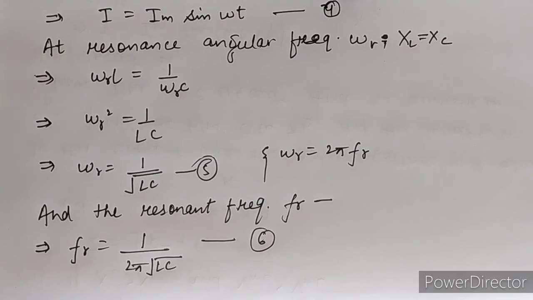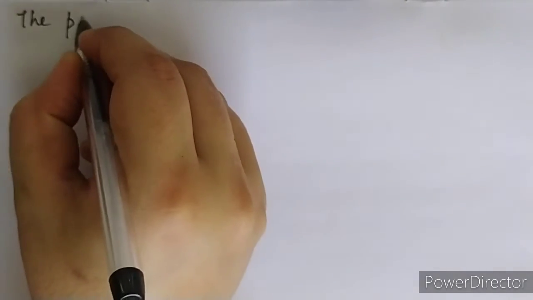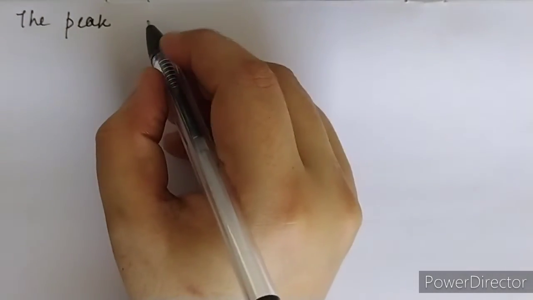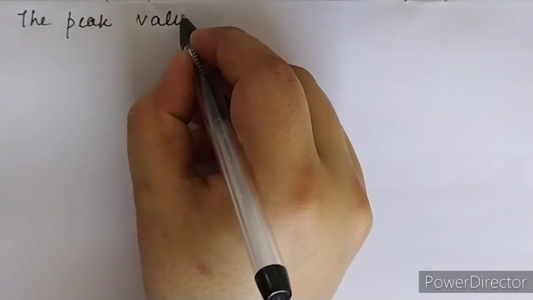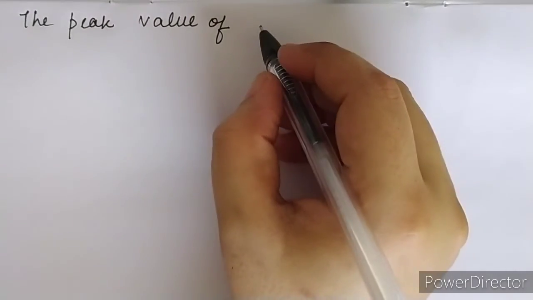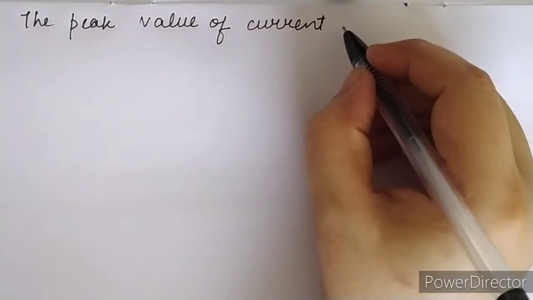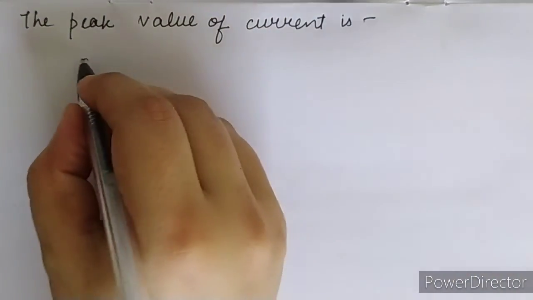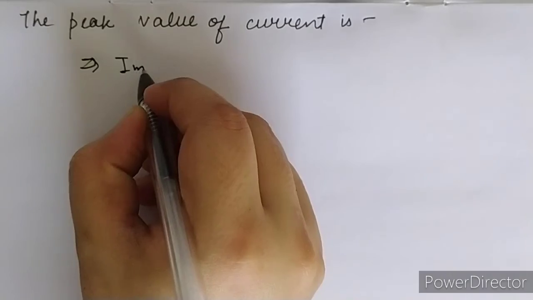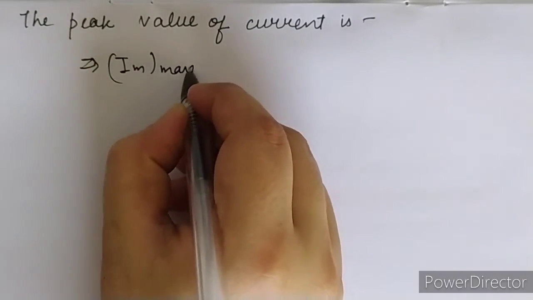Okay, clear? Now the peak value of current that we have to calculate. The peak value of current is Im, this maximum value we are taking.